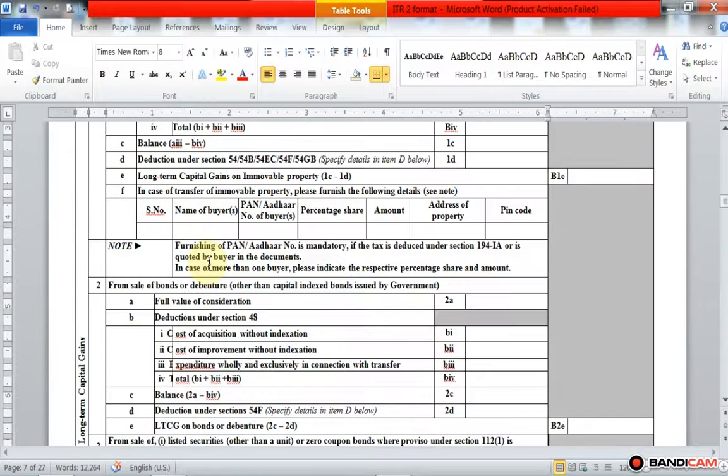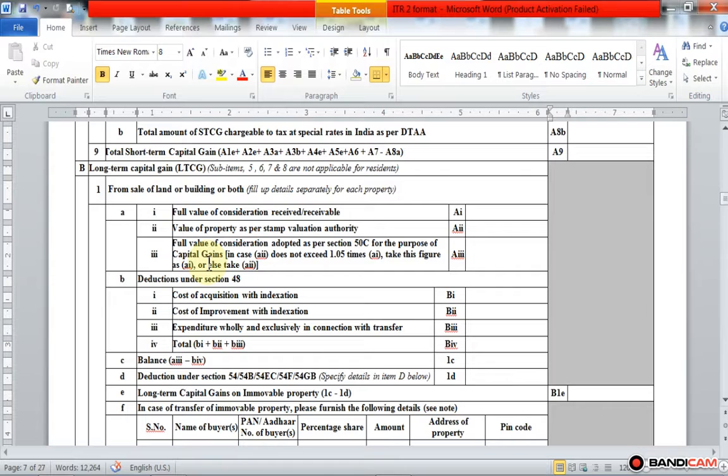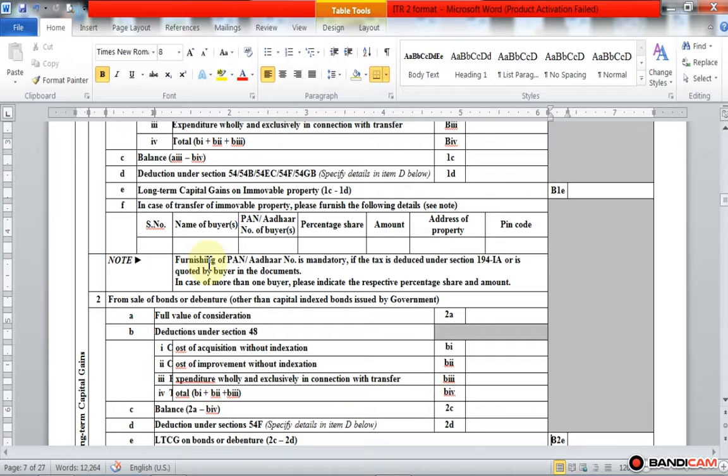Then we already discussed the long-term capital gain, that is B part in schedule CG. So valuation of long-term capital gain is the same. Immovable property is included, shares are not included in the long-term capital gain, but debentures are included, that is securities are included in the long-term capital gain.